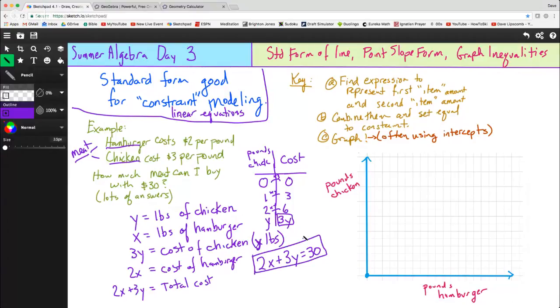Now we'll go back to yesterday and plot using intercepts, because when I'm in standard form, the key thing to do is often graph using intercepts. We draw our x and y axes and find our points. When x is 0, what is y? If x is 0, this term goes away, and then y is 10.